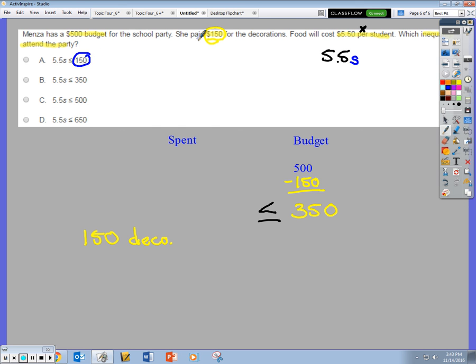But that's if we just talked about decorations. Our remaining budget is not $150. It's $350. So this will not work. This says $5.50 per student must be less than or equal to $350. Hey, this seems like it would work because we know we're spending $5.50 per student must be less than or equal to $350. So that so far seems to be my best answer.